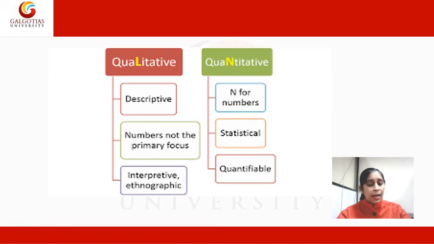Numbering is not the area where qualitative research is focused. It is more of an interpretative and analytical nature. On the other hand, quantitative research deals more with numbers. It is a statistical research where all the data is quantifiable, as opposed to non-quantifiable data in qualitative research.